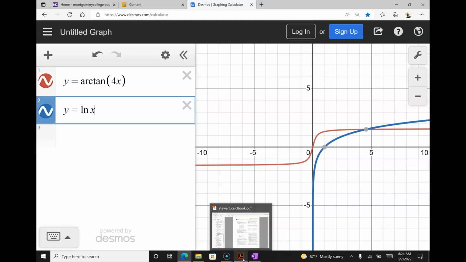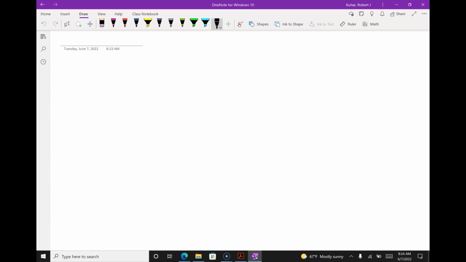And this rectangle idea is going to come into play a lot today when we do our disk method, washer method, shell method, okay? So it's important that I'm able to see kind of what's going on here. I want the area from 1 to 4 of the arctan of 4x minus the ln of x dx, right?